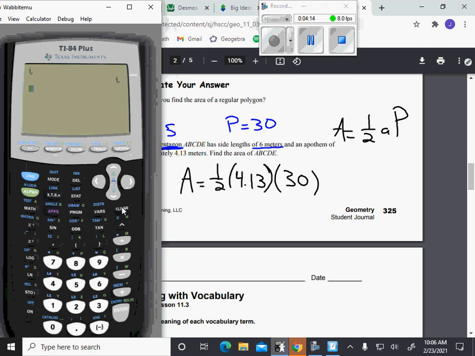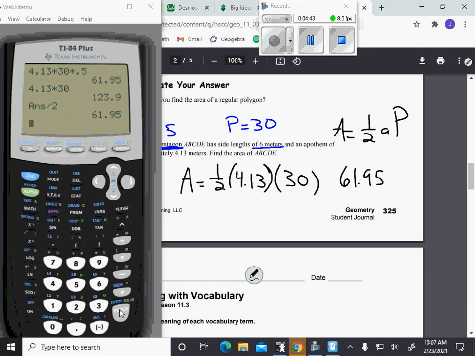We're going to type in 4.13 times 30 times 0.5. Oh, I want to redo this. Times 30, divided by 2. I just want to make sure. 61.95. 61.95 meters squared.